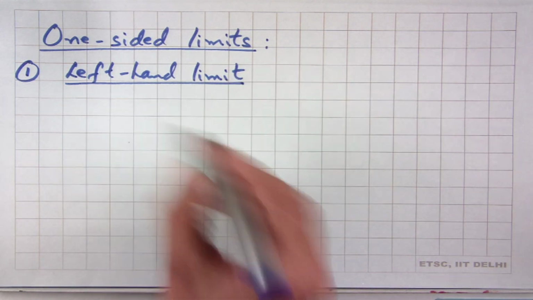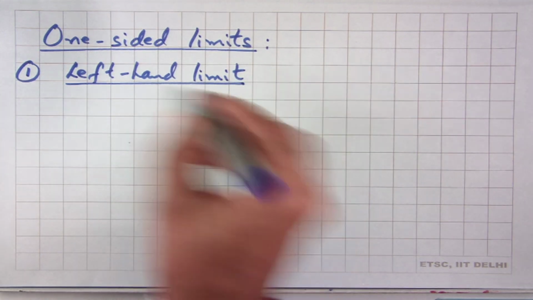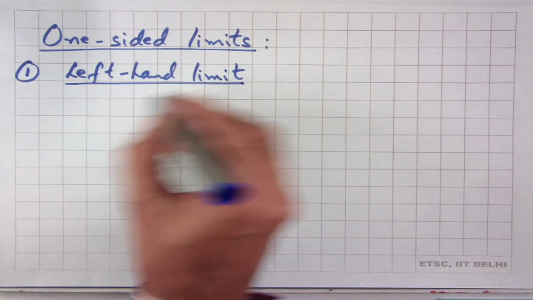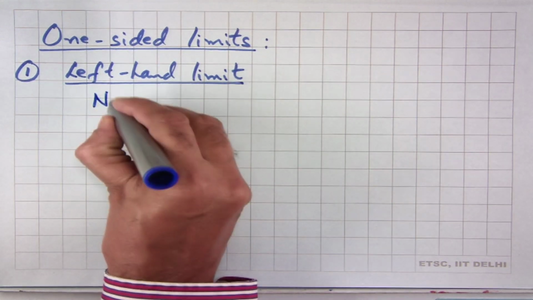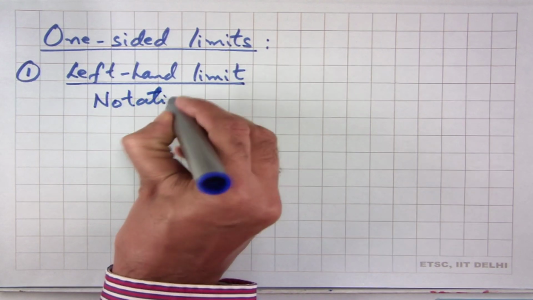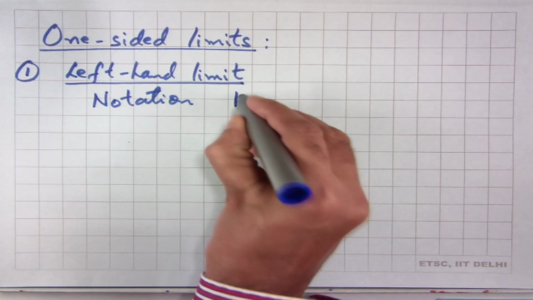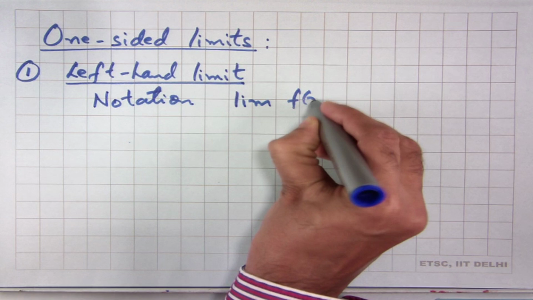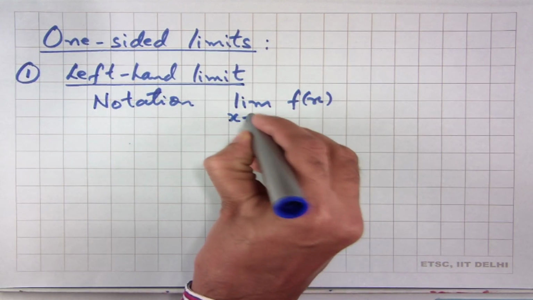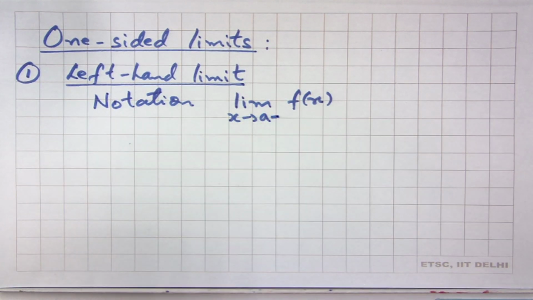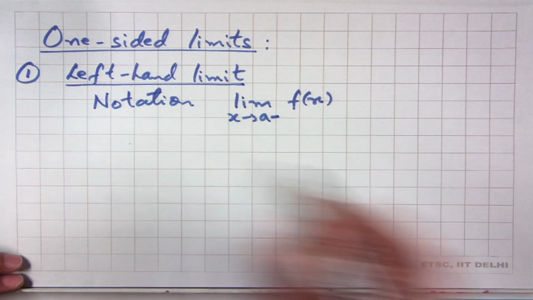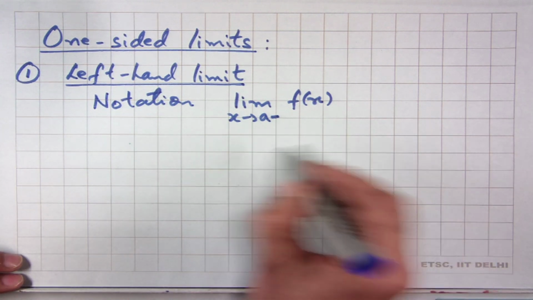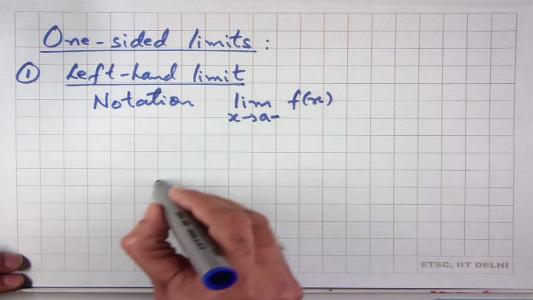So, what is the left hand limit? We will use the notation limit of f of x as x tends to a minus. This means that here we are looking at the function.